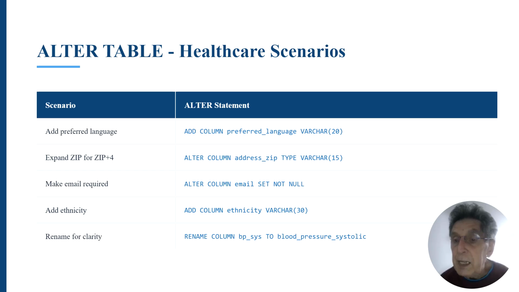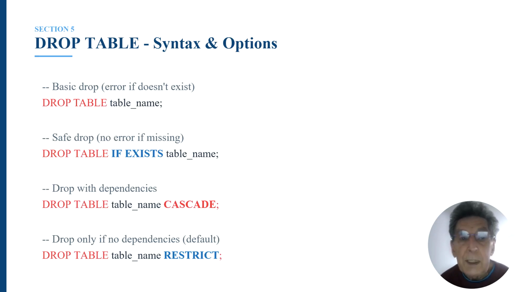To clarify a column name, use rename column BP_SYS to blood_pressure_systolic. The pattern: most alter operations come from regulatory changes, or feature additions, or data quality improvements. So a professional tip, maintain a migration log. Document when each alter was made and why. Very important for long-term management of your data. Invaluable for audits and troubleshooting.